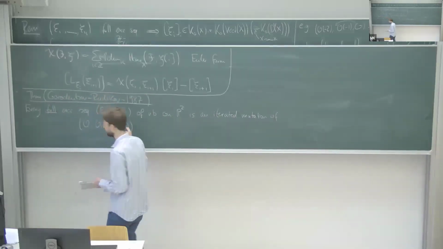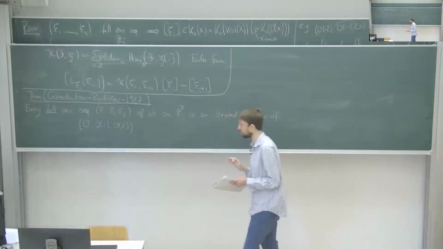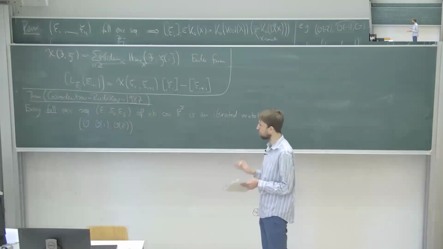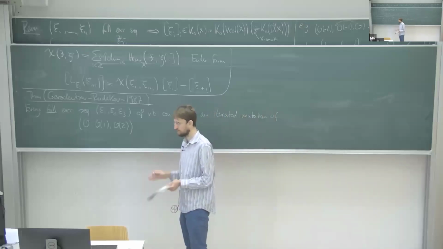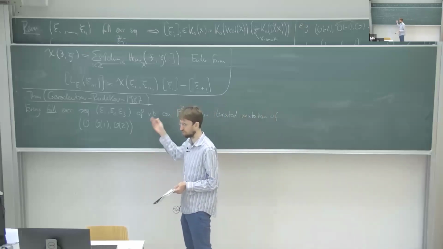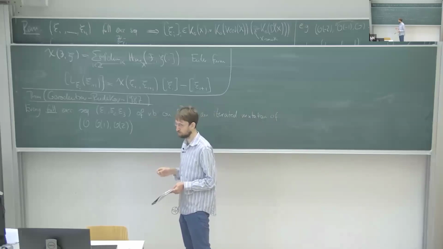So this is the first part. In other words, all full exceptional sequences of vector bundles on P2 are understood once we understand this mutation operation in detail.